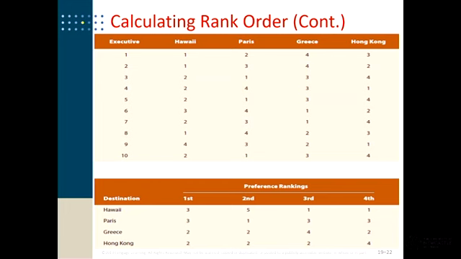The example is about a corporate decision where the corporation has 10 executives. You can see executive 1, 2, 3, 4, up to 10. The corporation has 10 executives, okay? And they have their annual general meeting ahead of them.